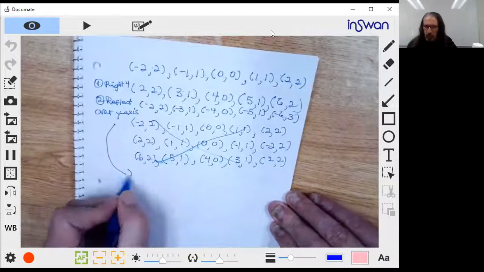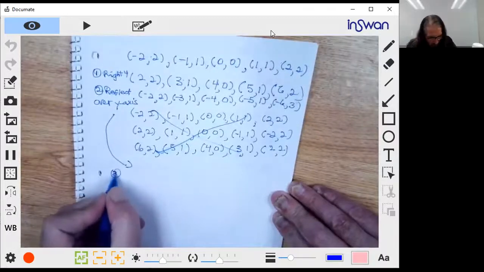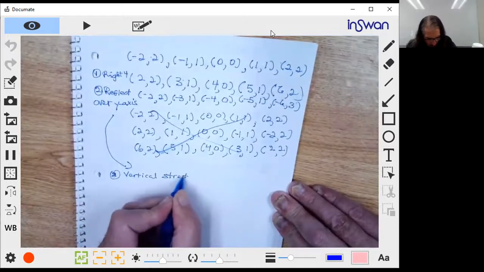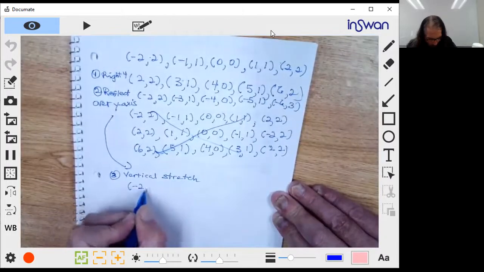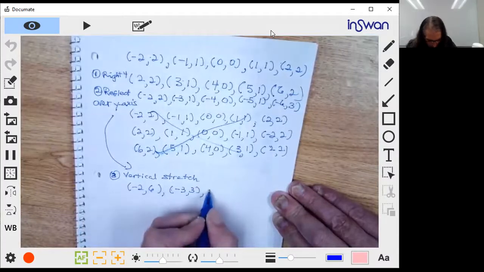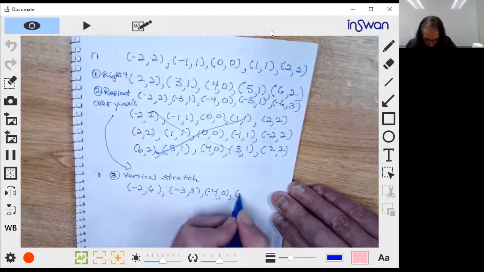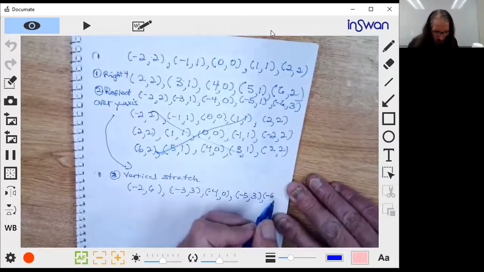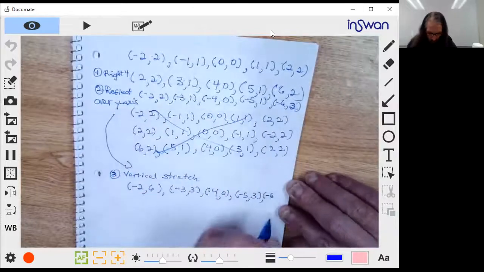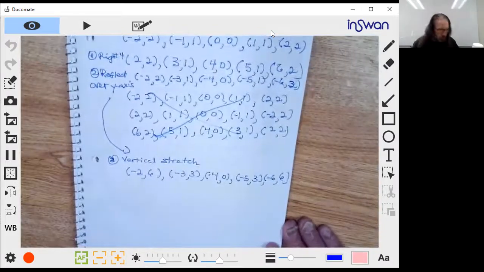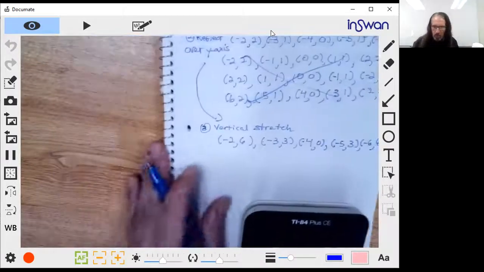And then if I apply the vertical stretch, multiply all those y coordinates by 3, there's supposed to be a 2 right there. Those 5 points are not on our graph.